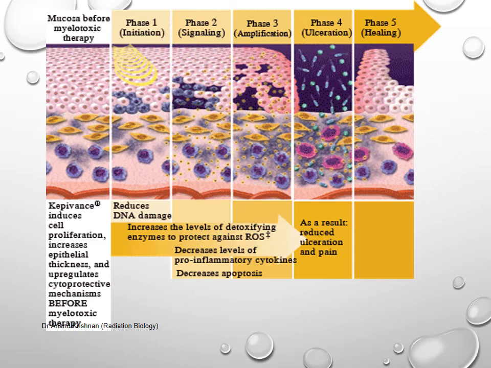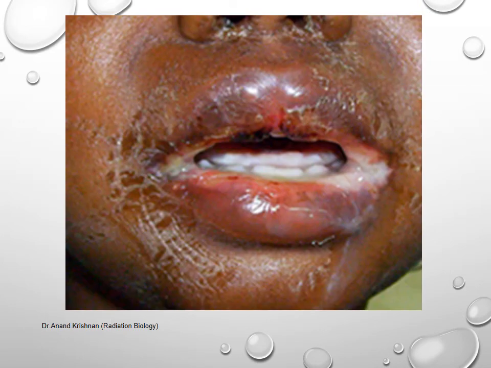And finally phase 5, which is healing. This phase 5 becomes tricky when it does not happen consistently and the rupture becomes long term. Then this is again considered malignancy.